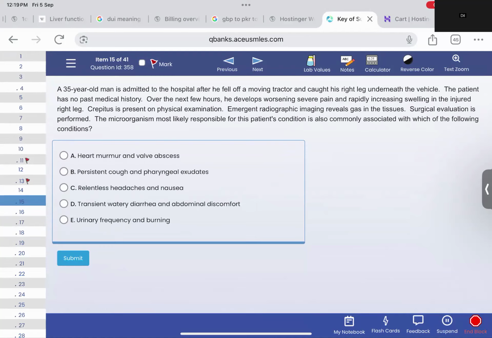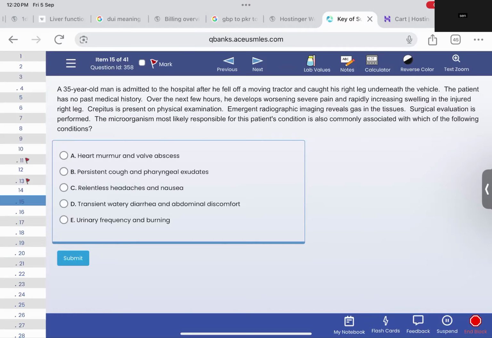The microorganism most likely responsible for this patient's condition is also commonly associated with which of the following conditions? A 35-year-old man is admitted to the hospital after he fell off a moving tractor and caught his right leg underneath the vehicle. The patient has no past medical history. Over the next few hours, he develops worsening severe pain and rapidly increasing swelling in the injured right leg.